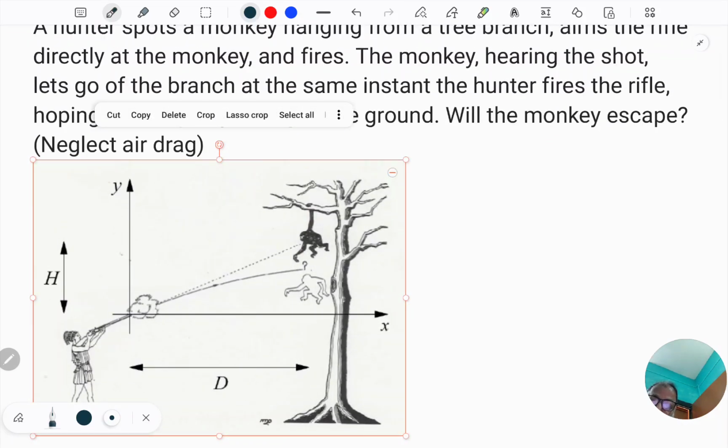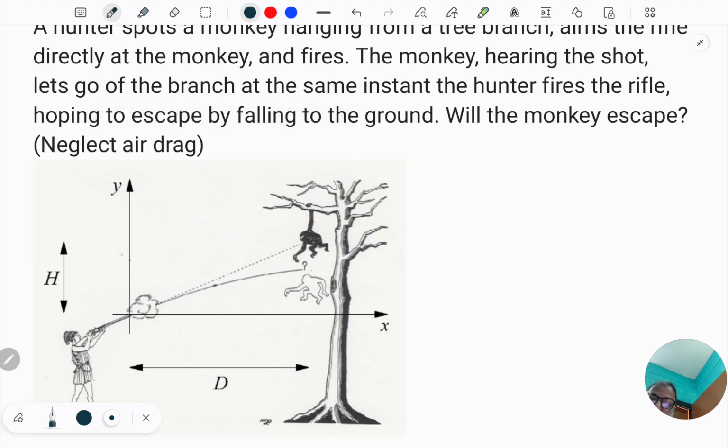If we want to solve the problem from the ground frame, we must consider an XY reference frame as is shown in the figure, with origin at the point from where the bullet is fired. The initial coordinate of the monkey is x coordinate d, y coordinate h.